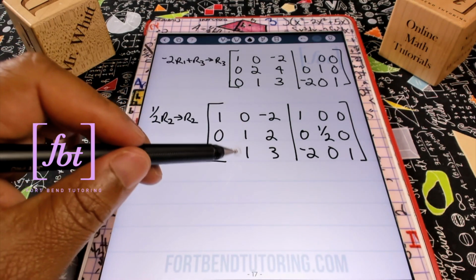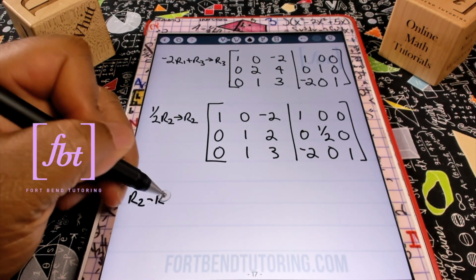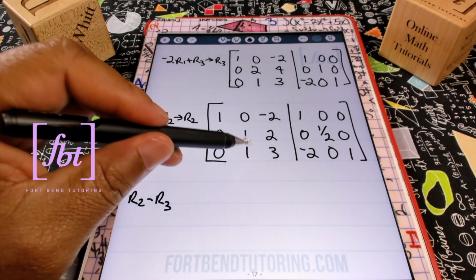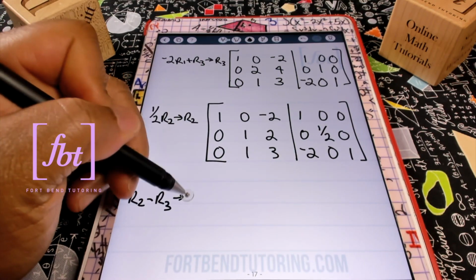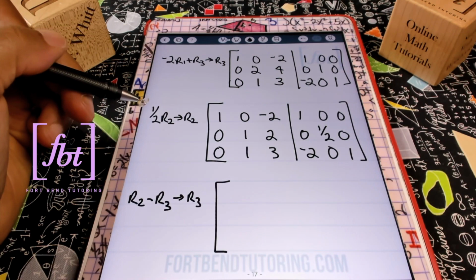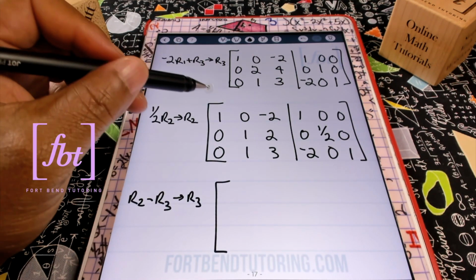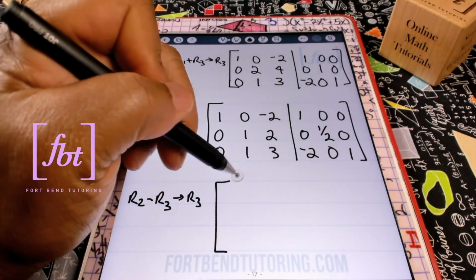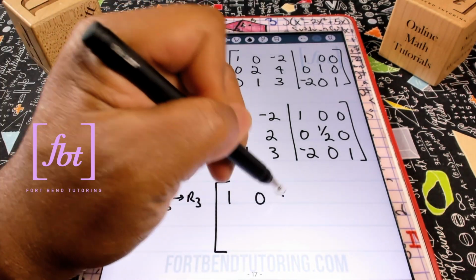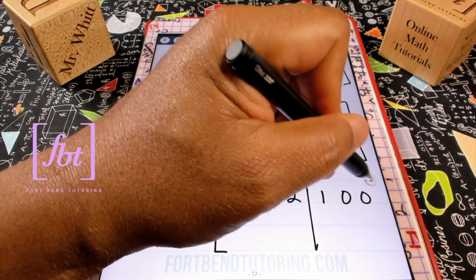So what I want to do now is subtract row 2 minus row 3 in order to get a 0 in row 3. All right. That means that I'm going to keep the first 2 rows of this augmented matrix here. We'll have 1, 0, negative 2, 1, 0, 0.